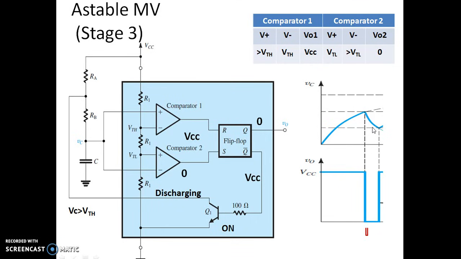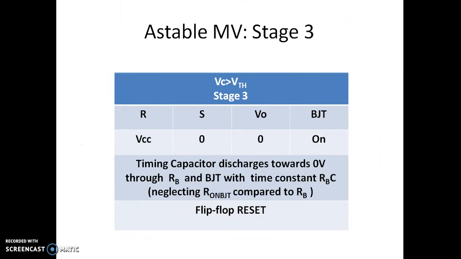So let us see the summary of this particular stage. When VC is greater than VTH, the reset is 1, set is 0, it resets the output. Once it resets the output, the BJT is on.